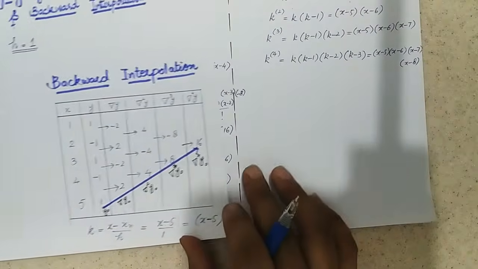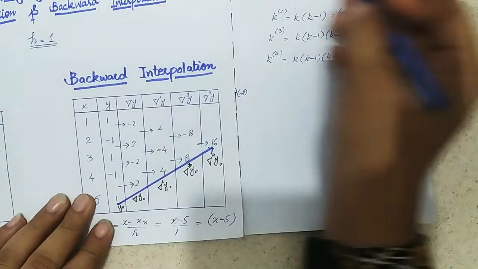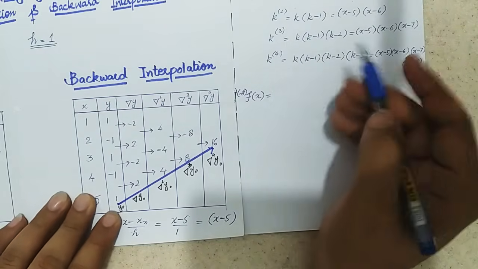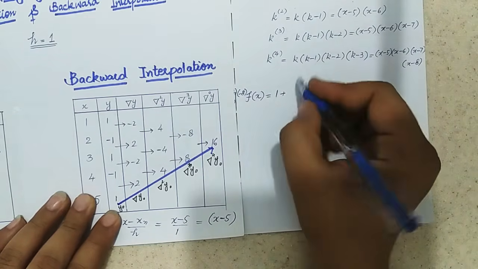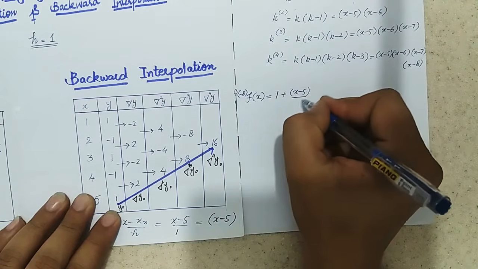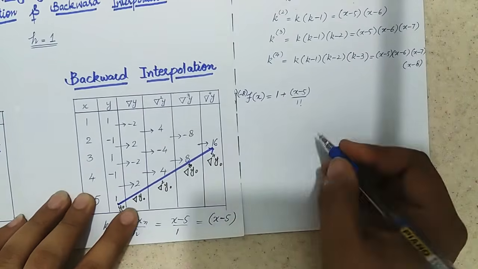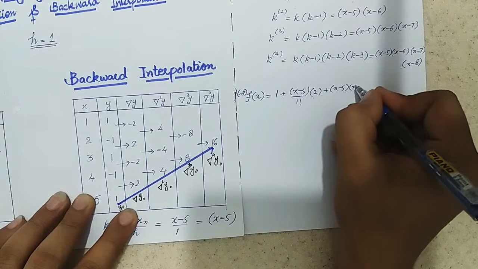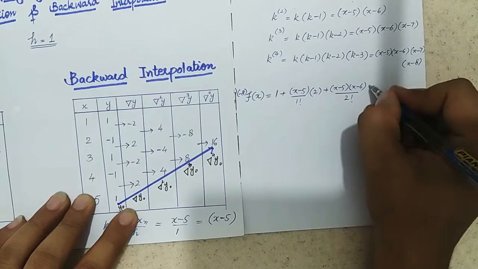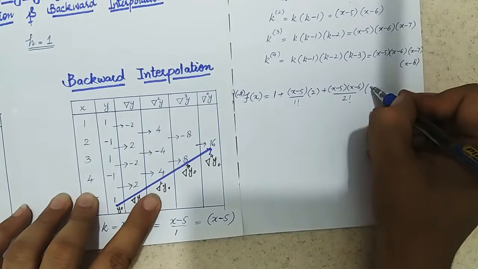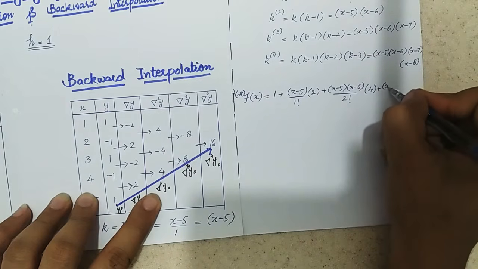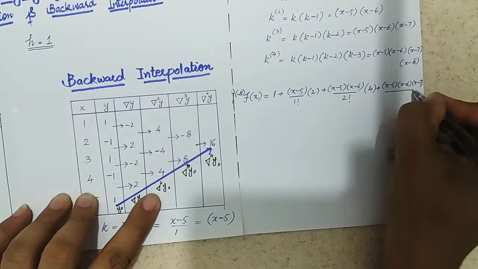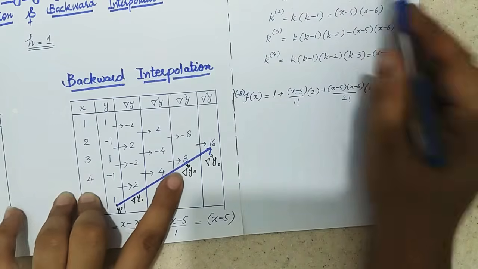When we are talking about backward interpolation, to substitute value into given formula, y naught is 1 plus k is x minus 5 over 1 factorial and backward del y naught is 2 plus k square is x minus 5, x minus 6 over 2 factorial and del square y naught is 4 plus x minus 5, x minus 6, x minus 7 over 3 factorial into del cube y naught is 8.